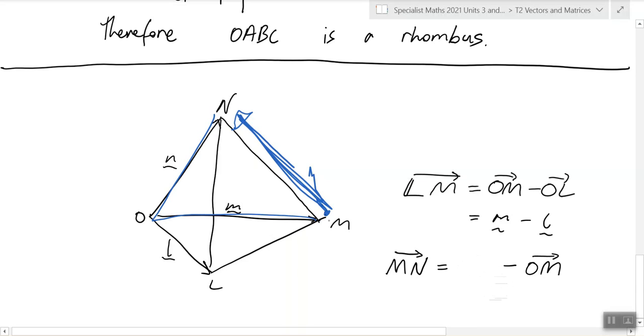To go from M, you go from M to O, so that's negative OM, yeah? And then you go positive ON. So you go from the letter following, yeah? Does that make sense, Levi? To go from M to N, you can go OM and then ON. Yeah? Minus.